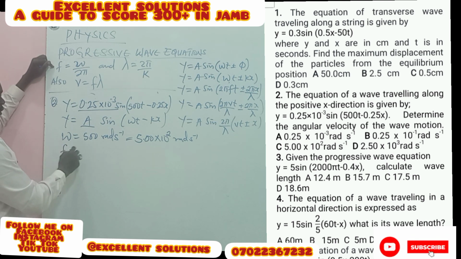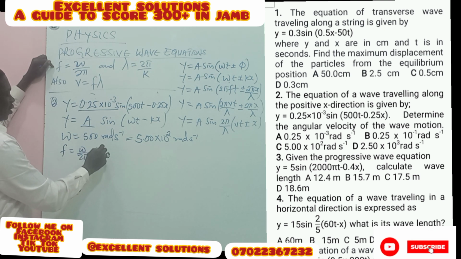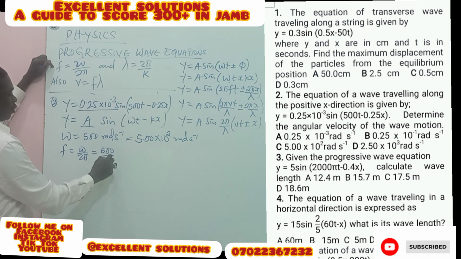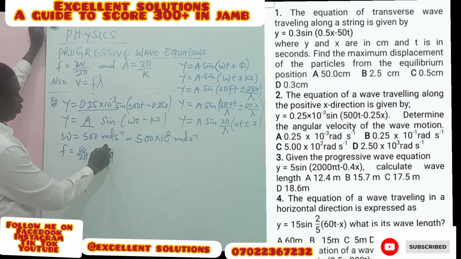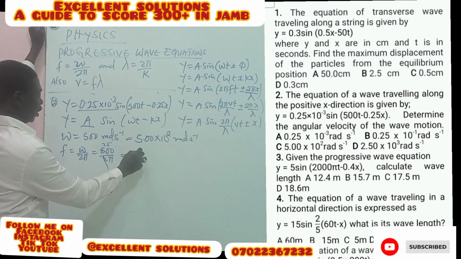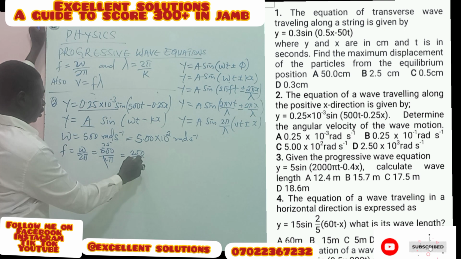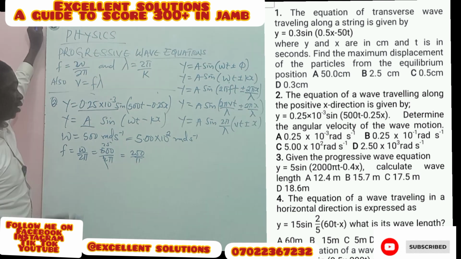We say f equals omega upon 2 pi, which is the same as 500 divided by 2 pi. 2 here 1 and 2 here we have 25. So this now becomes 250 upon pi.